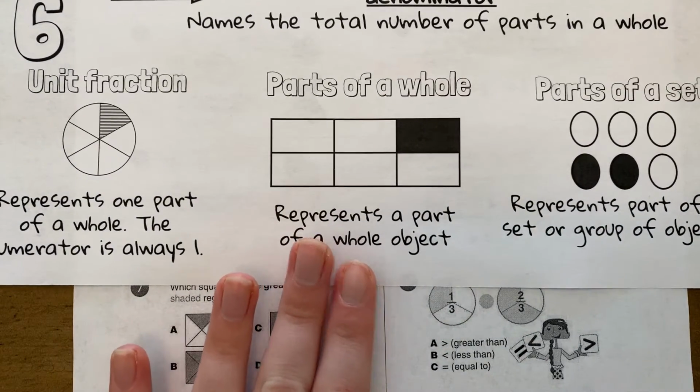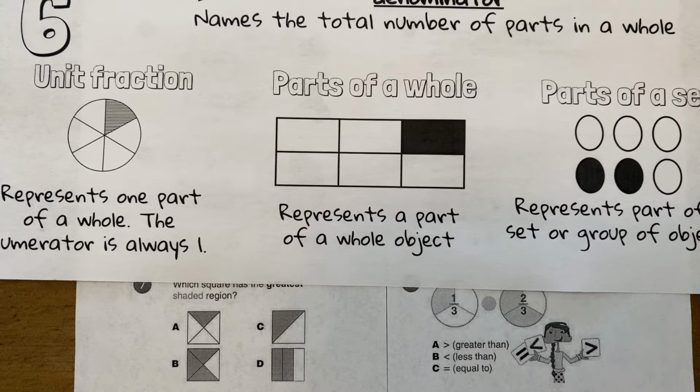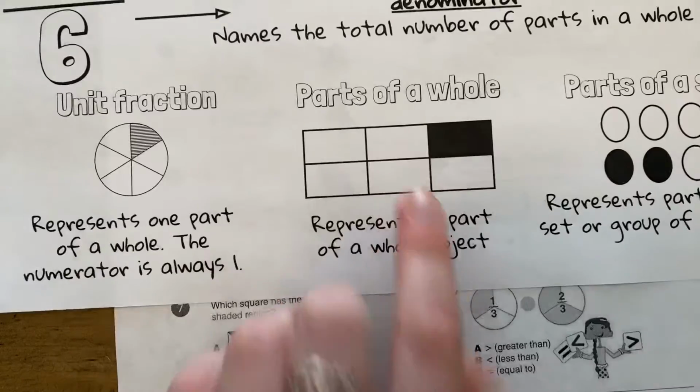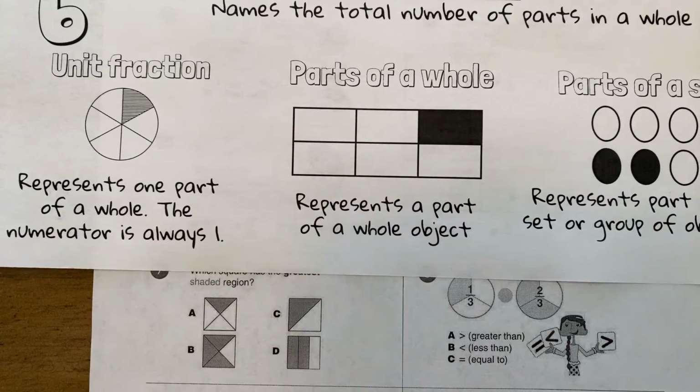You can represent fractions in several different ways. A unit fraction represents one part. That means the top number is always 1. We've got 1 piece of this pie shaded, so that's a unit fraction. Okay, parts of a whole. This looks like a Hershey's chocolate bar to me.